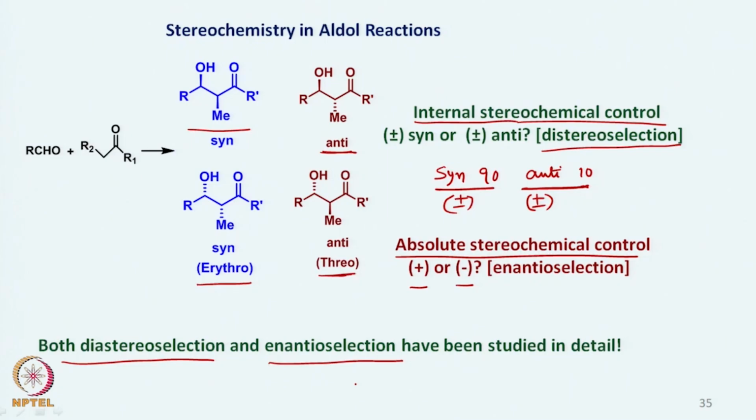A lot of work has been done and a lot of auxiliaries have been introduced for such aldol reactions, and we will study one of them which is very useful, but that requires an enolate based understanding of what kind of enolates are useful.